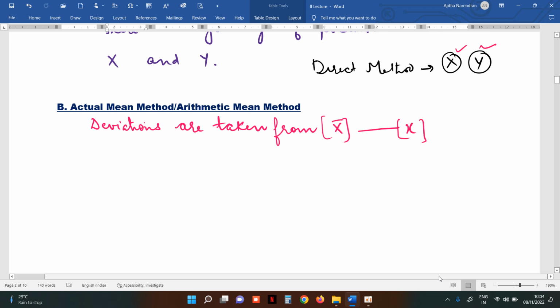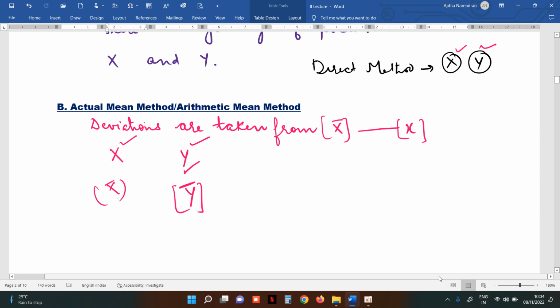There we only studied one variable. Now we are going to study two variables, x and y. For x and for y, when you take the deviation from arithmetic mean, you have to find the arithmetic mean. It is symbolized as x bar, and for y, y bar, the arithmetic mean of the y variable.